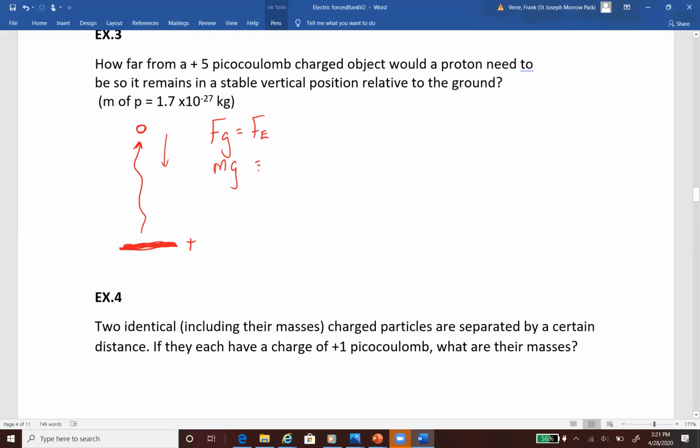And then we know what the electric force is. Electric force is k q1 q2 over r squared. So in this case, we're trying to find its position, so we're going to look for r squared. So we're just going to rearrange, okay, and then we're just going to solve for r.